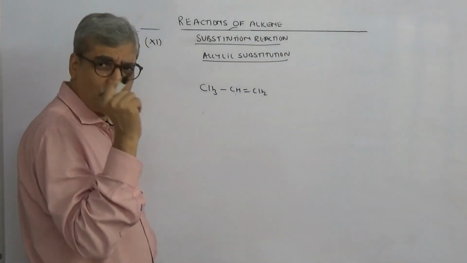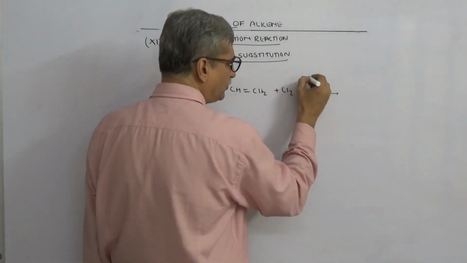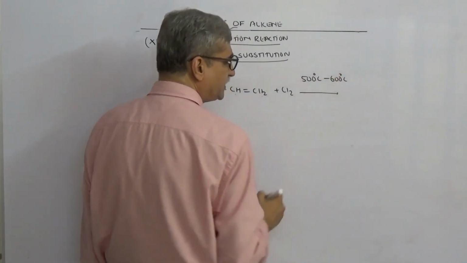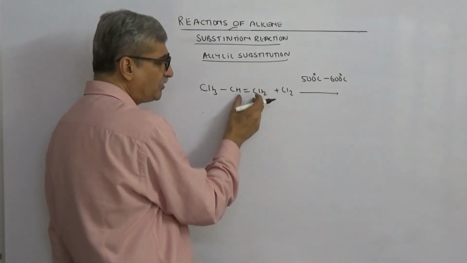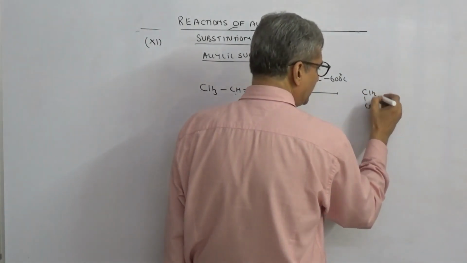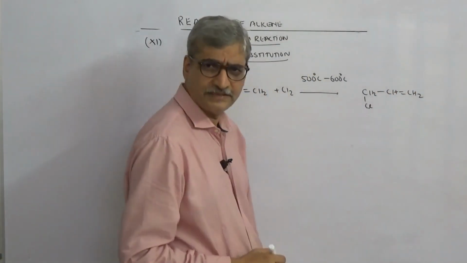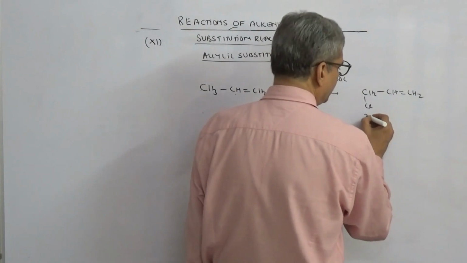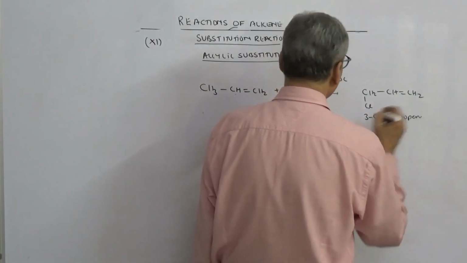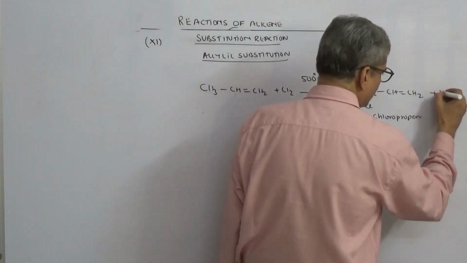So when you have at least one allylic hydrogen, you react with either chlorine or bromine at a very high temperature of 500 to 600 degrees centigrade. Instead of addition across the double bond, the substitution happens on the allylic carbon. Are you understanding? So you will have 3-chloropropene.